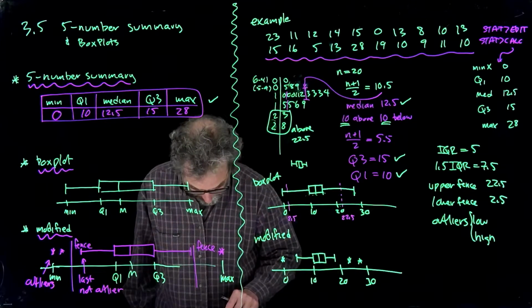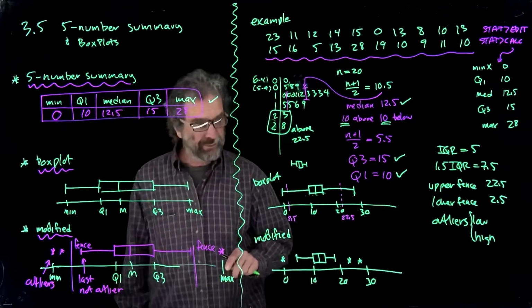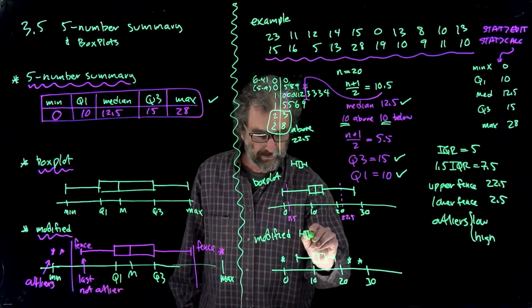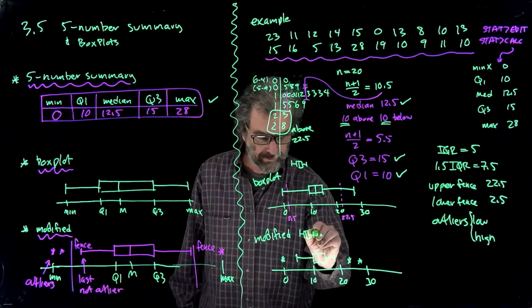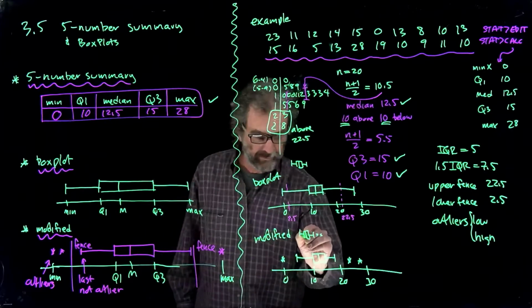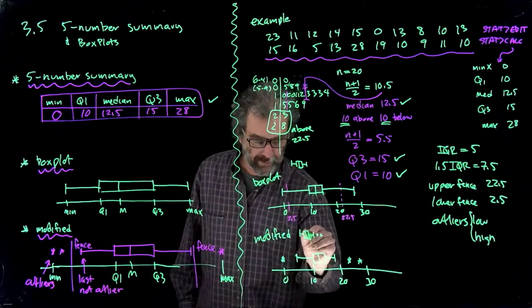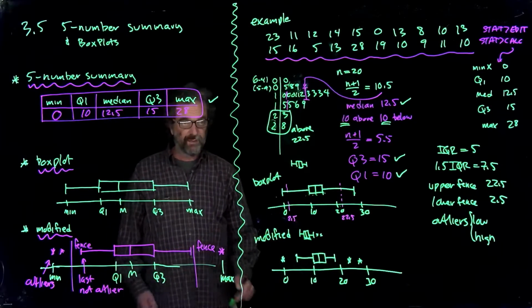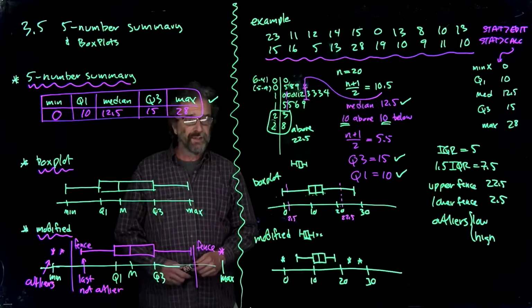There's two different kinds of box plots. Modified looks like this on the calculator. And so if you needed to, you could put that data in.